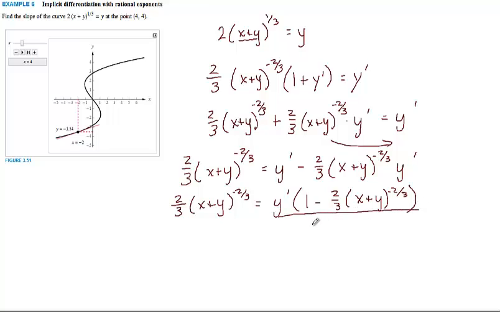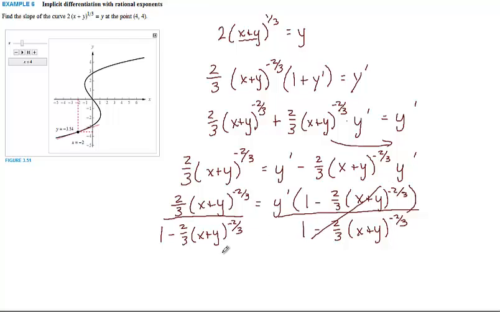Okay, now divide by this monstrosity. And then on the other side, it takes forever to write this stuff down. And then you got to make sure you don't make any stupid mistakes while you're doing it. Ka-chunk, you're out of there.